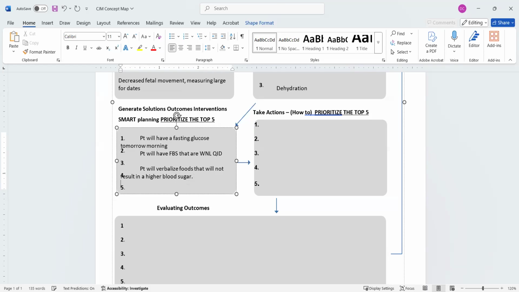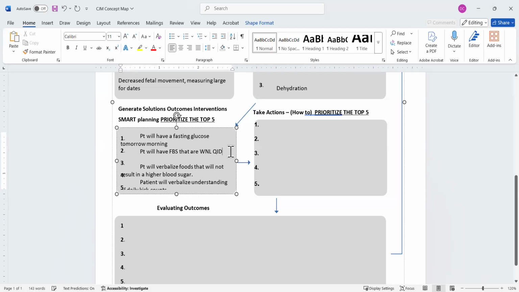The other thing I want to add here, patient will verbalize understanding of daily kick counts. That's really important for fetal well-being, especially with patients that have any complications.